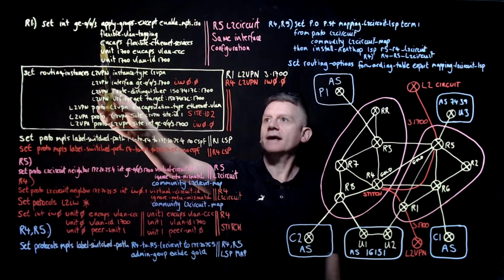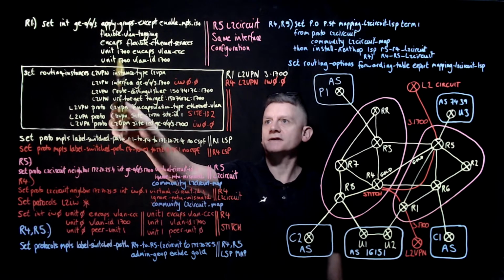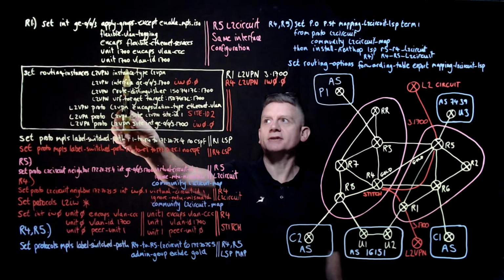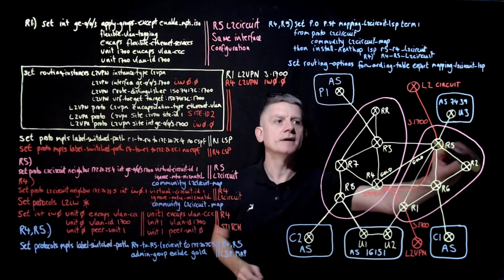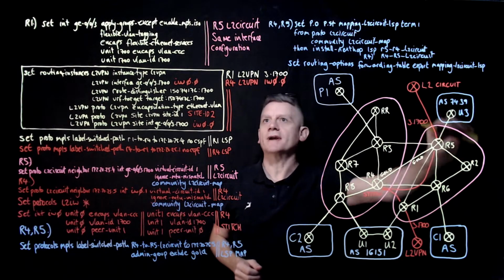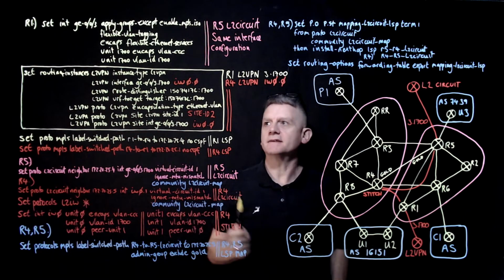Flexible VLAN tagging, we've got encapsulation flexible Ethernet services, and there we have our unit 1700, and of course we're encapsulation VLAN CCC, circuit cross connect, with VLAN ID 1700. And that's going to be happening on router 1 and pretty much exactly the same up here on 0/0/3 on router 5. So router 1, router 5, preparing the basic interface.